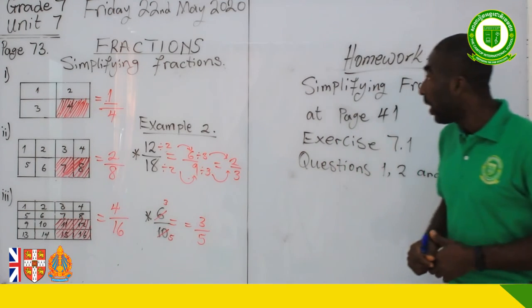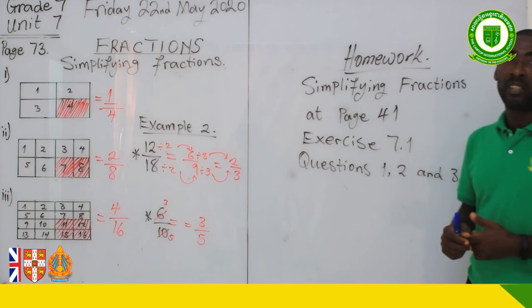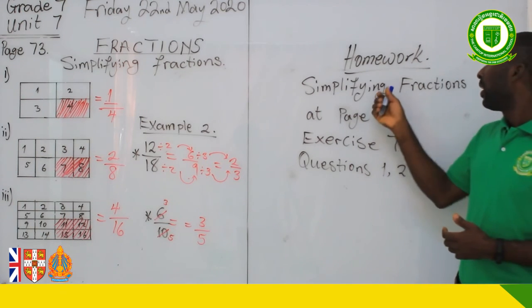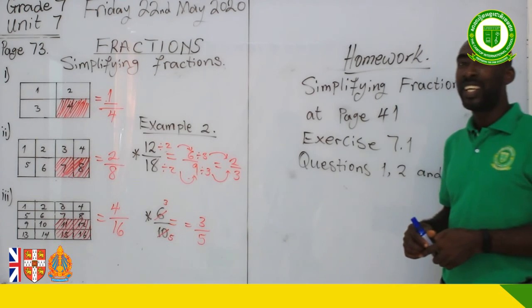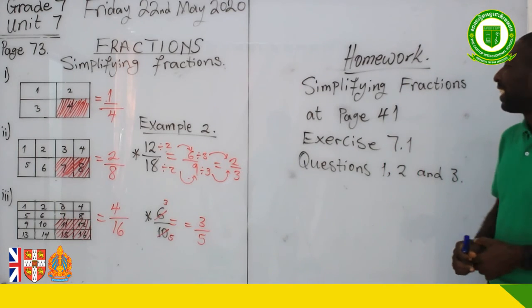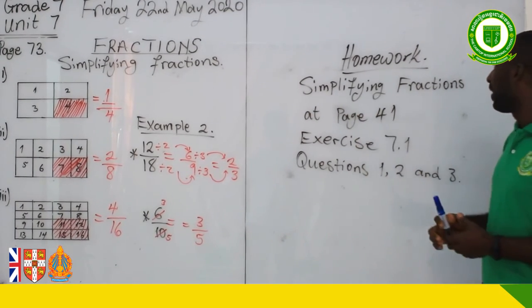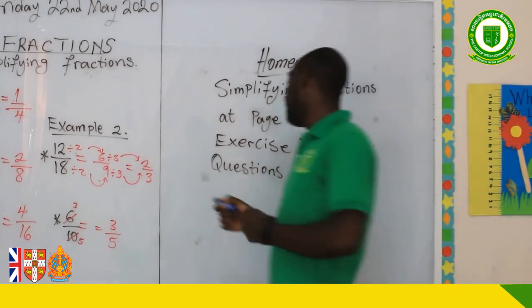Okay. Now, to close our lesson on fractions for today's class, there is a homework that you need to do to keep you a little busy and a little focused on your fraction lessons. So we'll do simplifying fractions at page 41 from our challenge book part.